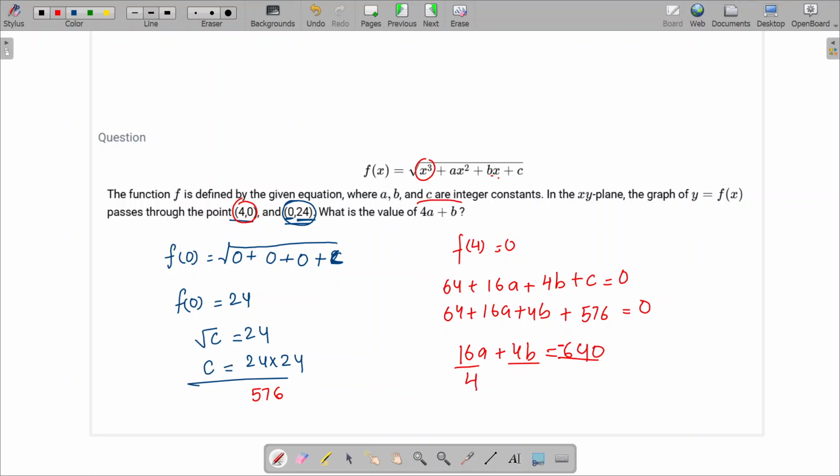Because I want one side to be 4a plus b. If I divide by 4, I get 4a plus b equals 160, negative 160. So what is the value of 4a plus b? Negative 160. That's how you have to do it.